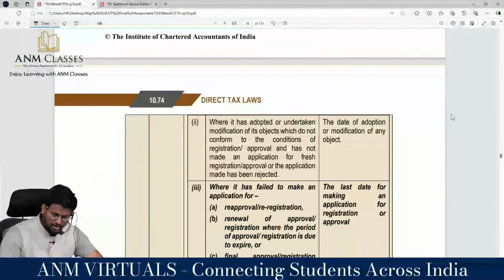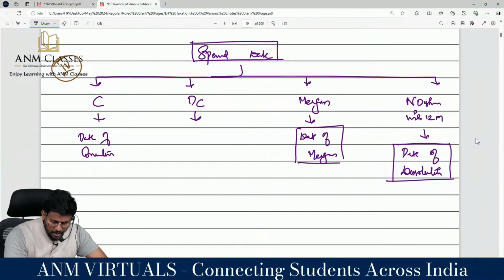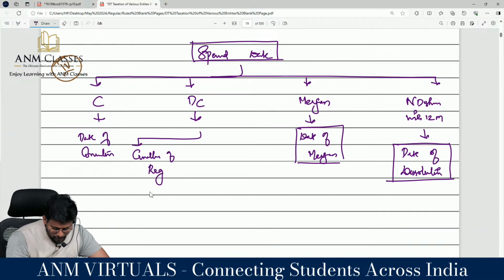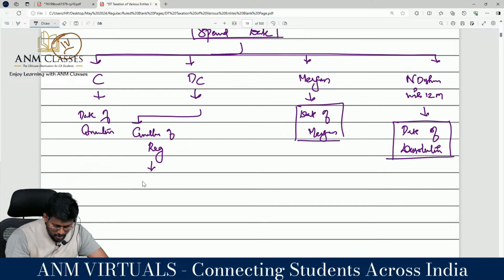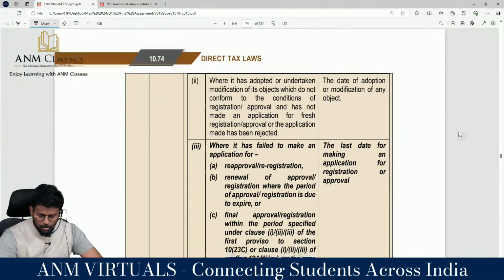So the date of the order is the specified date. Correct? So in deemed conversion, number 1, first one, is cancellation of registration. Then the date of order, the date of passing the cancellation order. On that day you have to calculate accreted income.